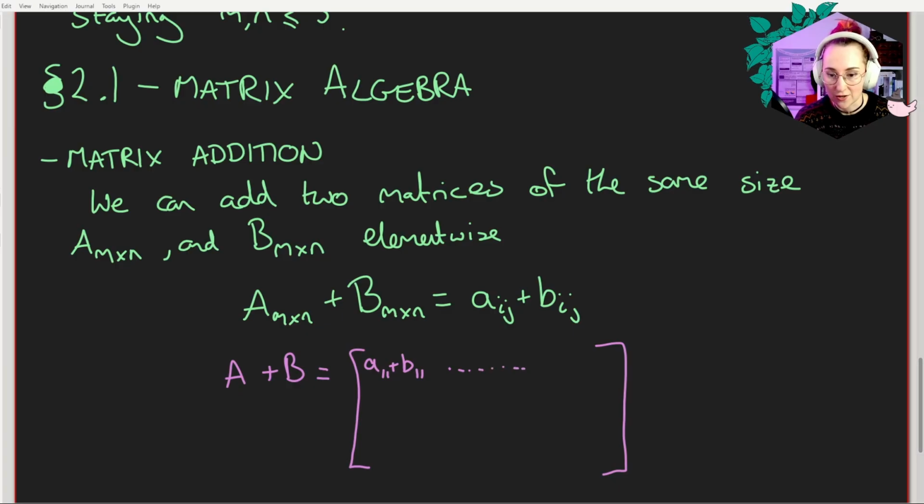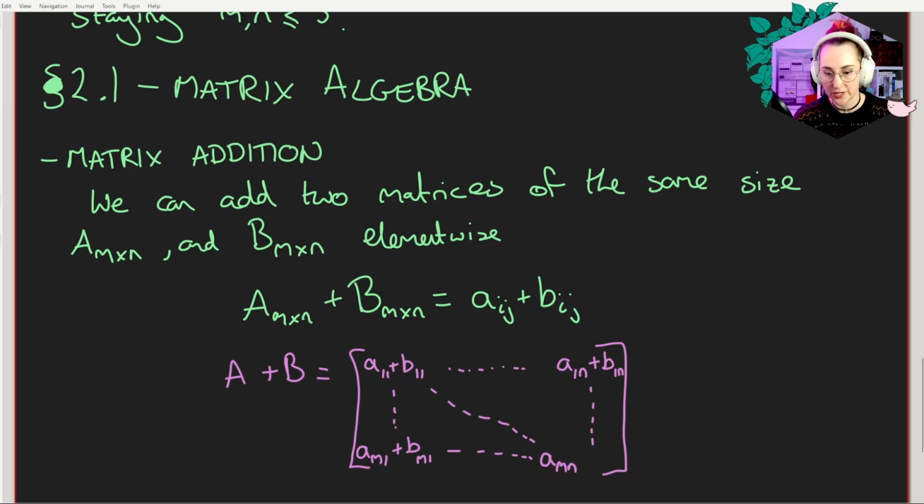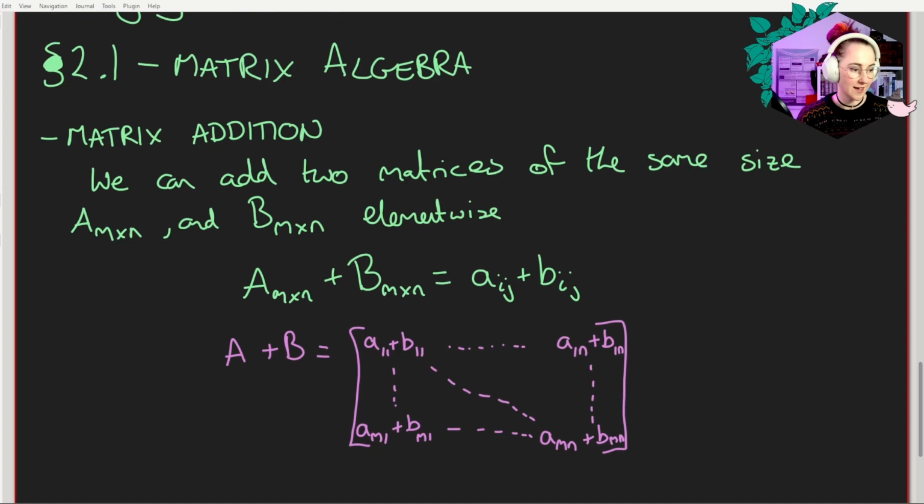So that carries on until you get A, first row, nth entry, plus B1n. That carries on down, and then we have the mth row, final row, first column. The dots just mean continue the trend. And the same along the diagonal, so all of this is the same. So the final entry, like that.